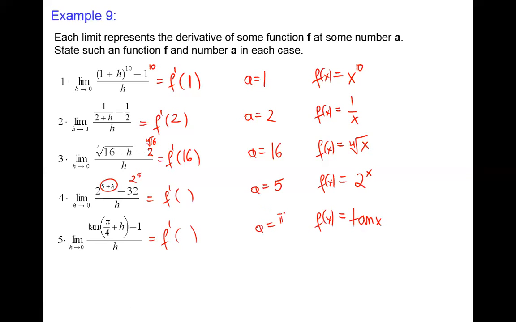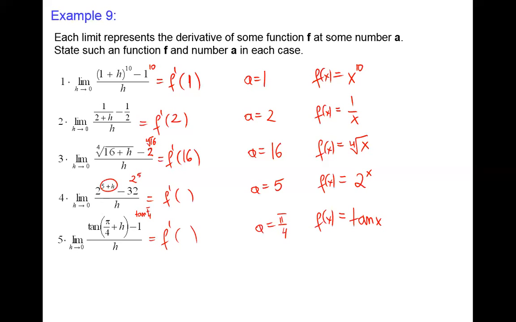Yes, we can see pi over 4. Thank you, Zach. And 1 represents the value of the function at that point. Tangent at pi over 4, of course, is 1. This exercise is extremely important because it's testing your understanding of the definition.